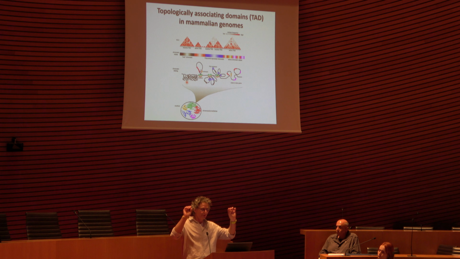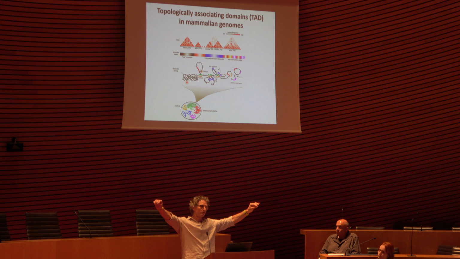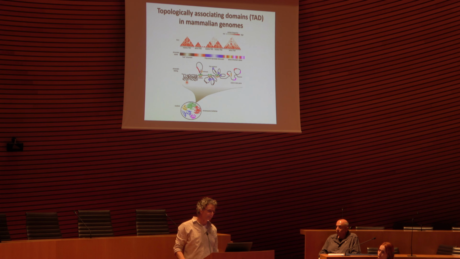If we look at the chromatin, there are regions that are likely to interact with each other more than with their neighbor sequences, and they could have different functions. If they are really condensed, all the genes in that region will be silenced.